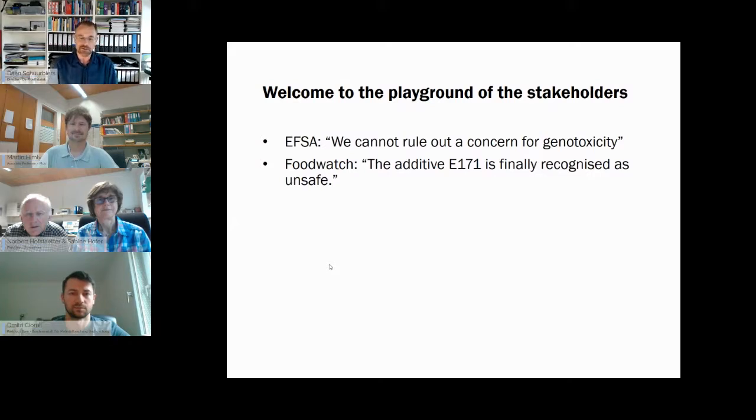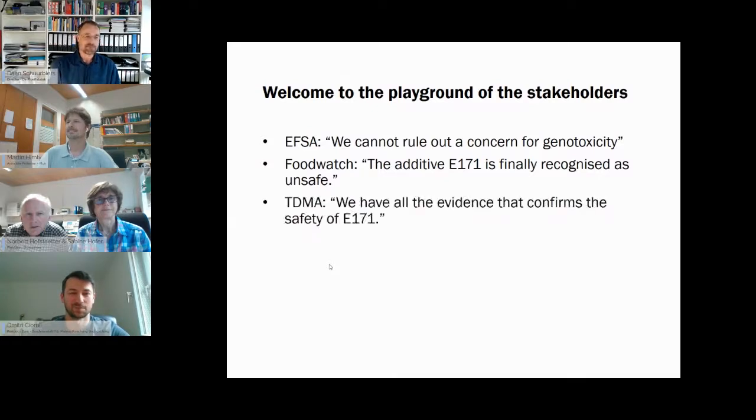It hasn't any nutritional value whatsoever, so we don't know why it's in our food in the first place. It should be banned. The producers, however, the Titanium Dioxide Manufacturers Association, say they don't understand this, because they've given EFSA all the evidence that confirms that E171 is perfectly safe. That's the political situation we're in.